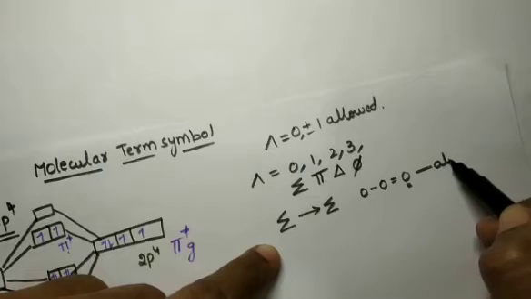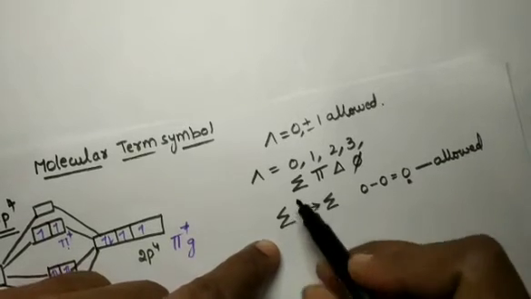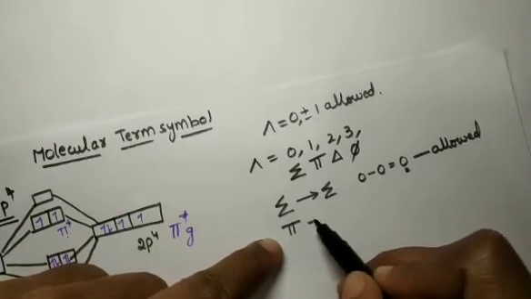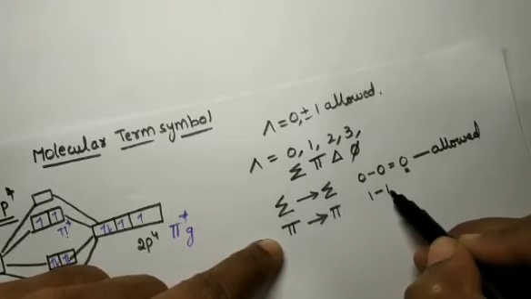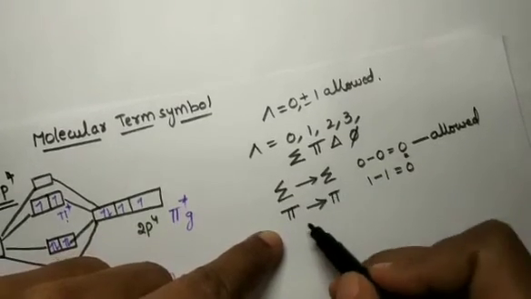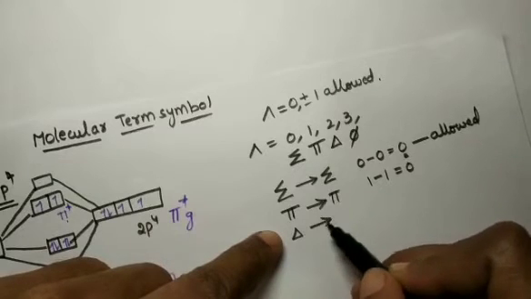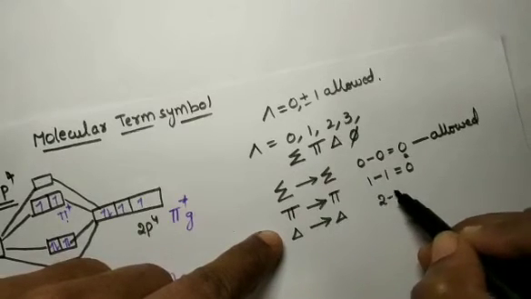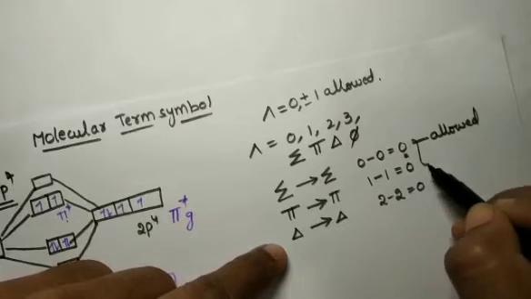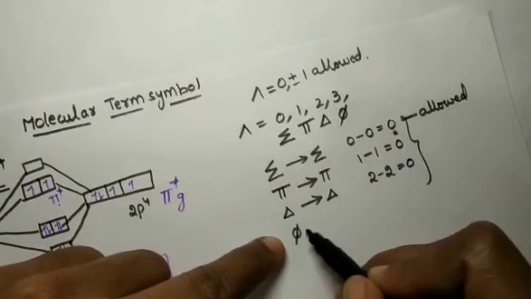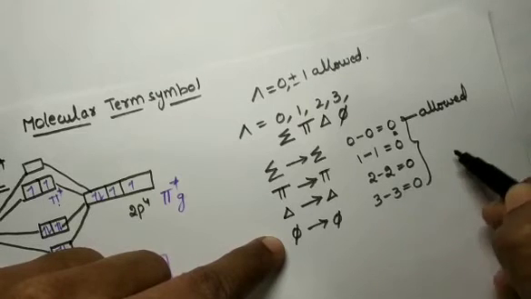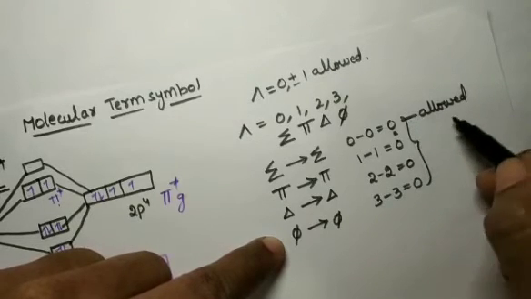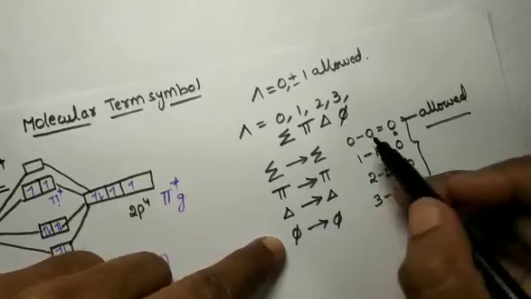This is allowed. And pi to pi, 1 minus 1 is equal to 0, this is also allowed. Delta to delta, 2 minus 2 is equal to 0, also allowed. Phi to phi, 3 minus 3 is equal to 0. These are all allowed transitions.